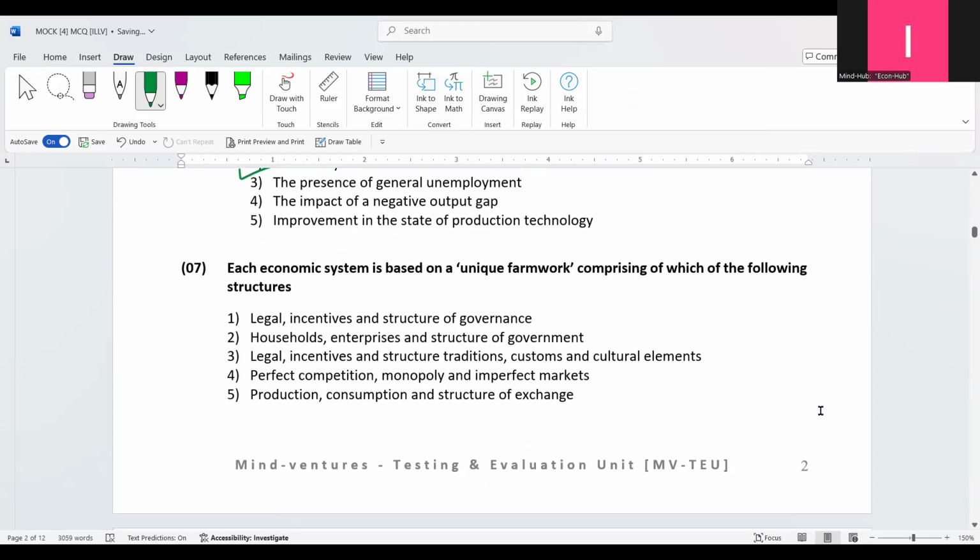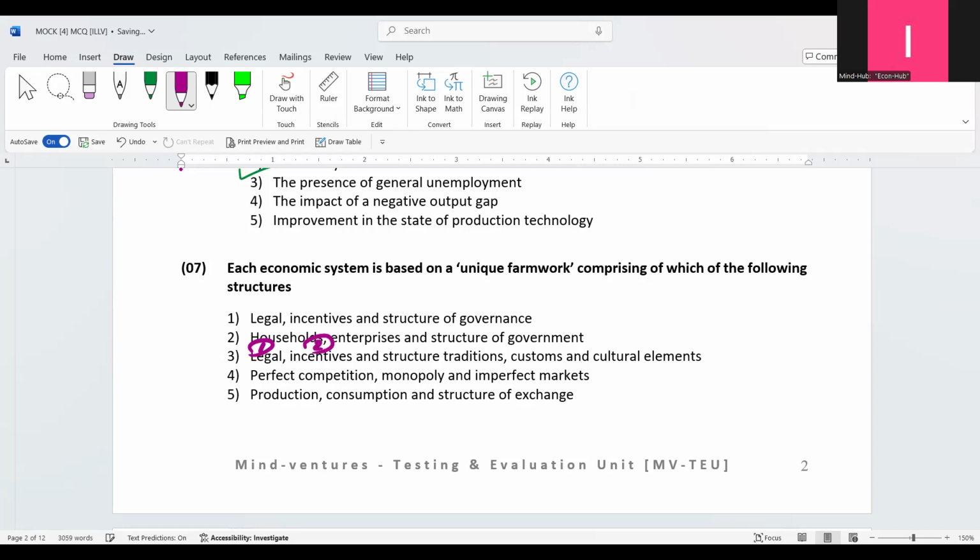Each economic system is based on a unique framework comprising which of the following? There are 3 fundamental elements that should be there in this framework. Households and enterprises are the economic agents. So number 1, legal.